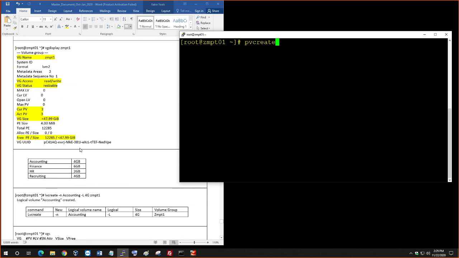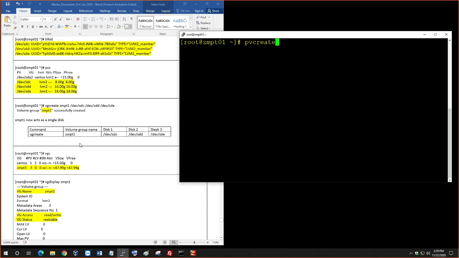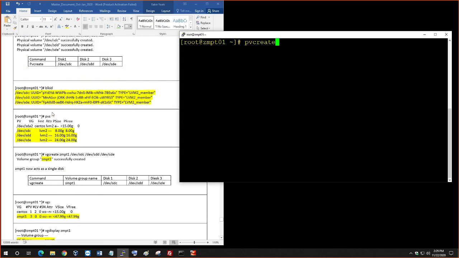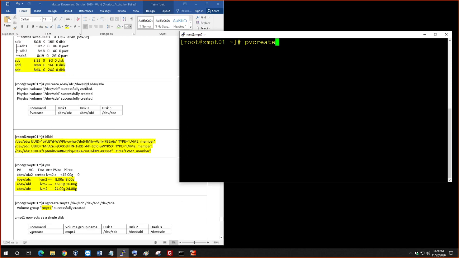When I type pvcreate and then /dev/sdf, I hit enter.